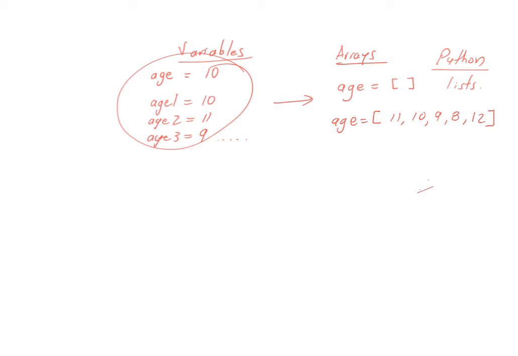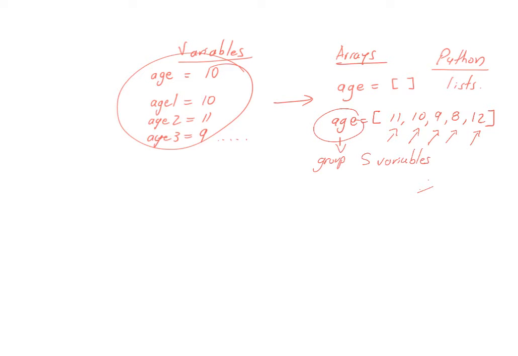So now I can access 5 different variables with just one variable called age, which is a group of 5 variables, right?